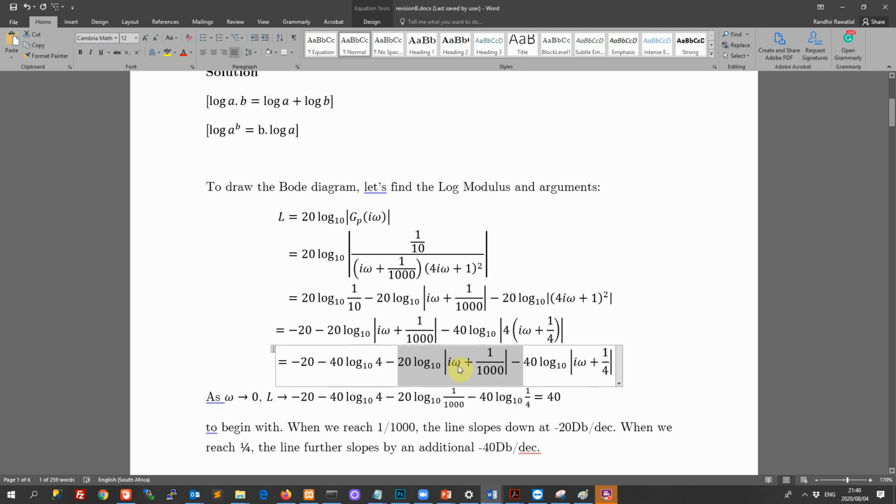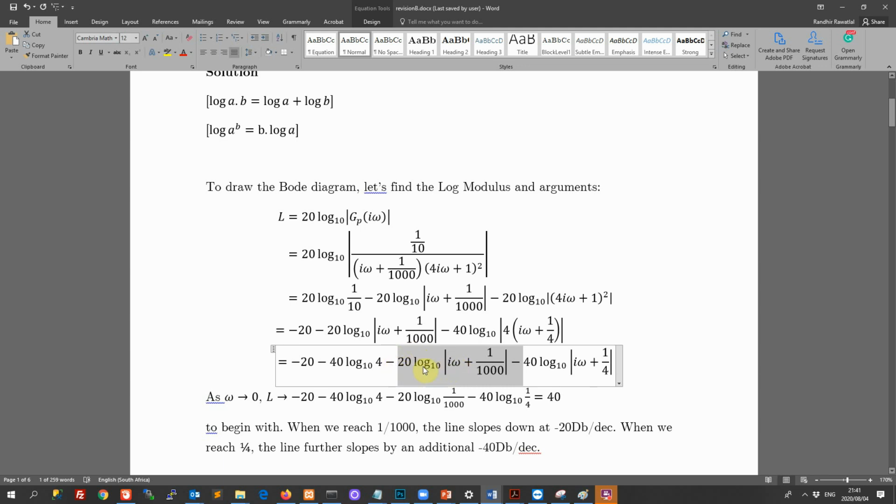Imagine omega is large enough, and larger enough than 1 over 1,000, that we can start to ignore this term. Then for an increase of 10 here, this is effectively going to be log 10 of 10, which is like a 1. So for a factor change of 10 in omega, we have a change of 1 here, which means that L is going to change by minus 20.